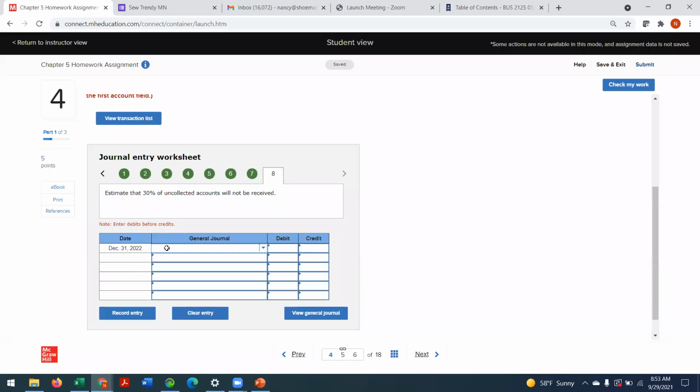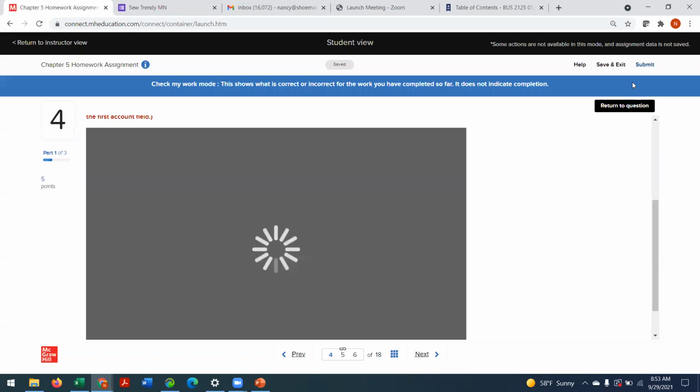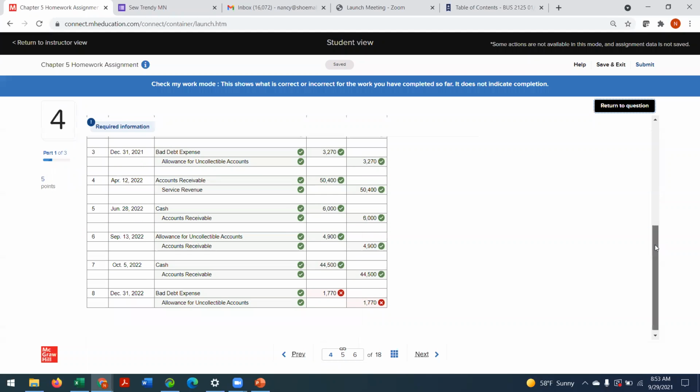Here we will say allowance for uncollectibles. Excuse me, I'm wrong. Bad debt expense of 1,770. And we credit our allowance for uncollectibles of 1,770. And hopefully I'm right here. What did I do wrong? Bad debt expense, allowance for uncollectibles.